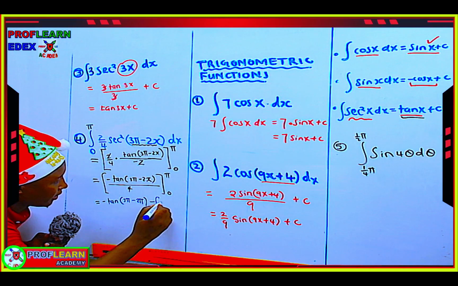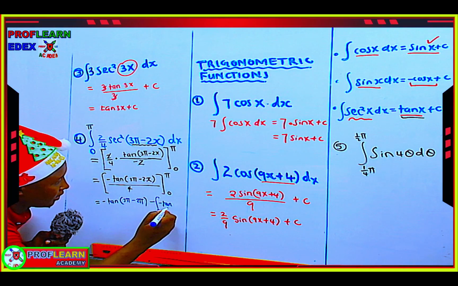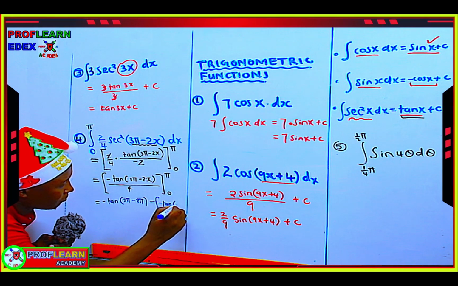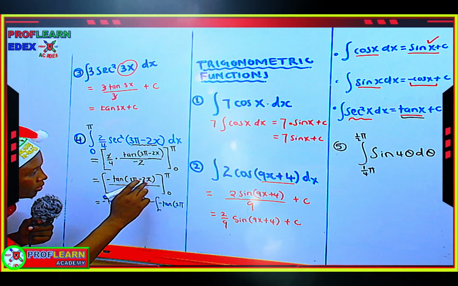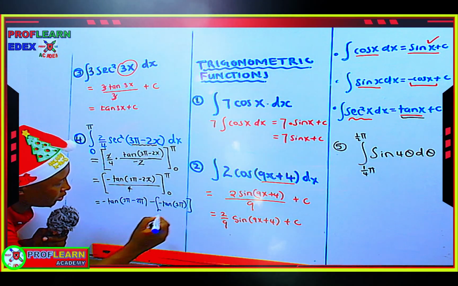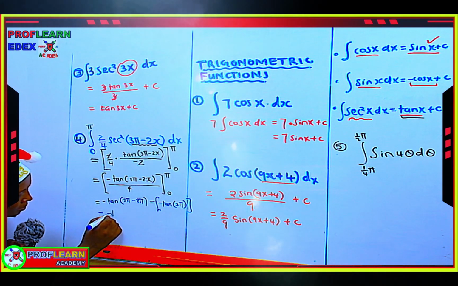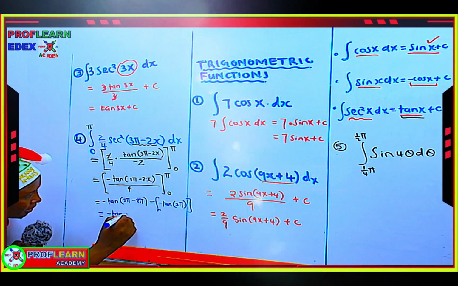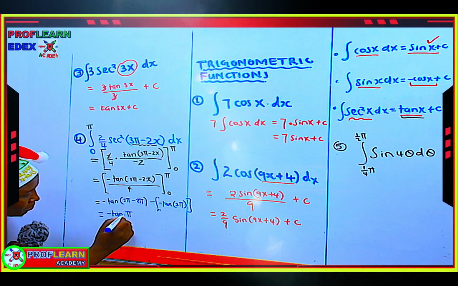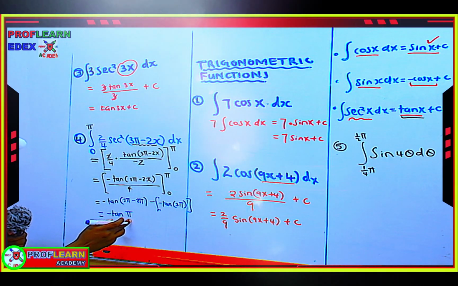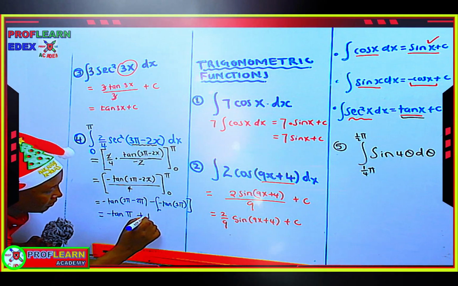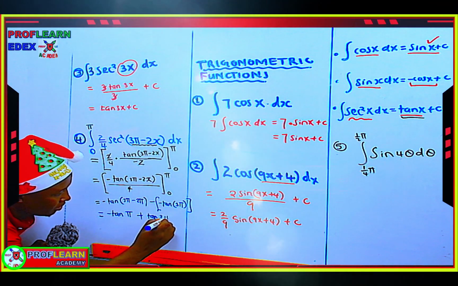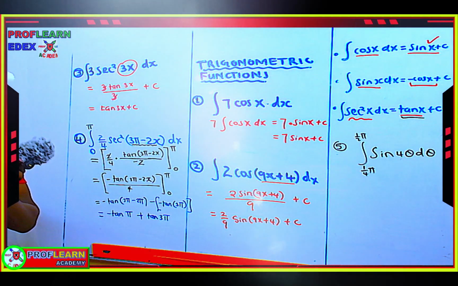Yeah, so negative tan, and this is going to be 3 pi, because 2 times 0 will be 0, so that's going to reduce to that. It will be minus tan pi plus tan 3 pi.